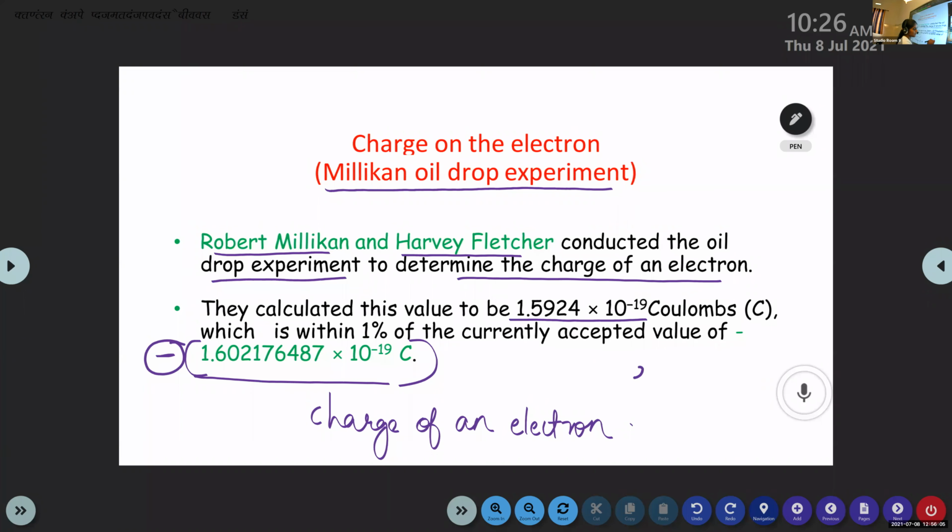So now we have two values: the charge to mass ratio, e by m_e, and the charge of the electron. Now we are going to find the mass of an electron.